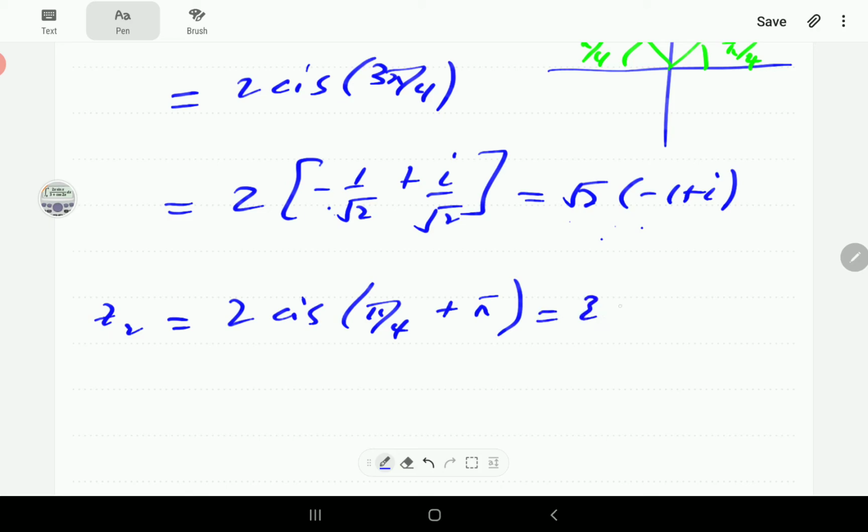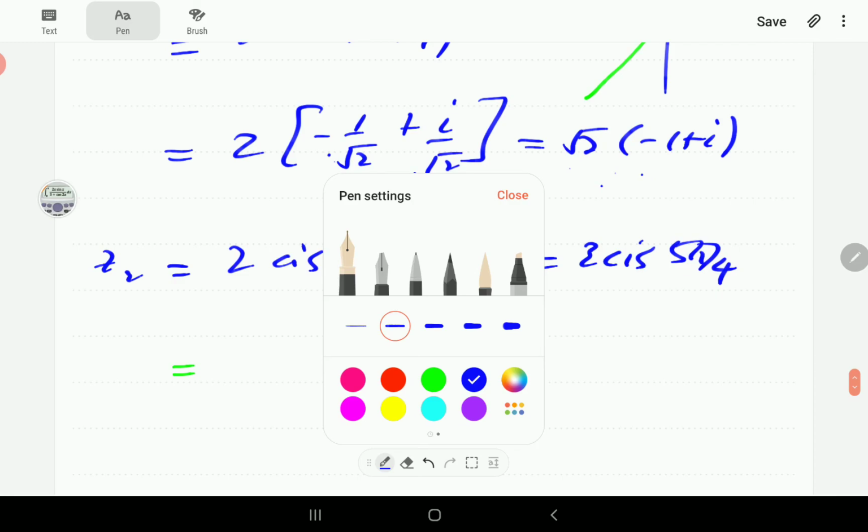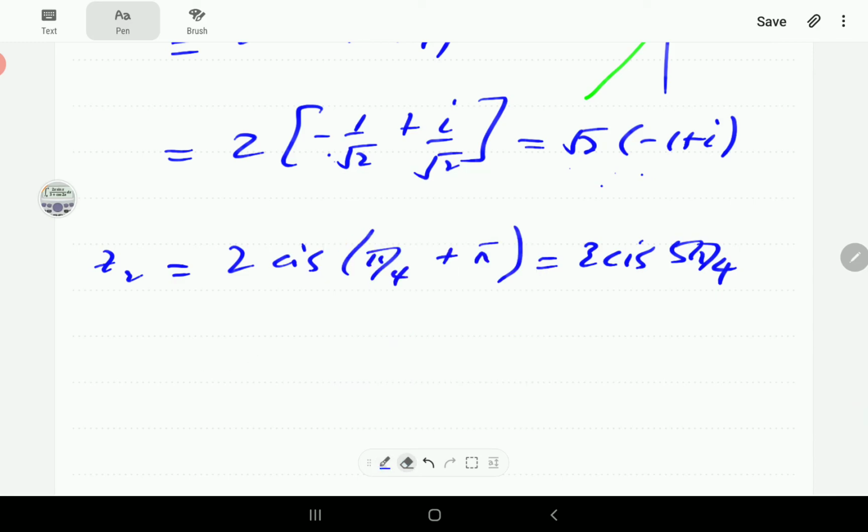So this time is going to be 2 cis 5 pi on 4. So we are now going to be in the third quadrant. The same values for the cosine and sine, but the only difference is that they are both going to be negative. So if we work this thing out, we're going to have negative root 2 into 1 plus i.